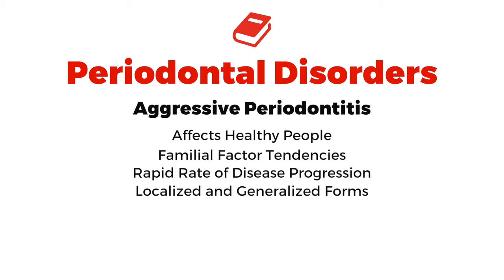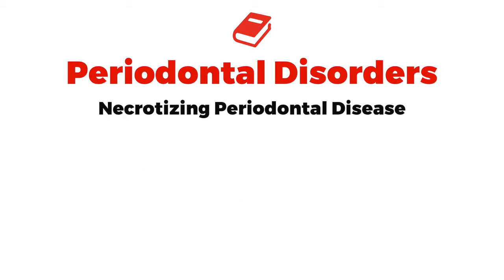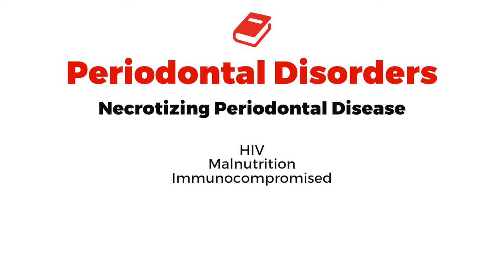The next one we're going to talk about is necrotizing periodontal disease, and this is one where patients do have some sort of systemic health issue going on. So versus aggressive periodontitis with no systemic disease, these are patients who have HIV, malnutrition, they're immunocompromised for other reasons, maybe they're on high-dose steroids, and these can be further divided into 2 categories. So check out this visual.